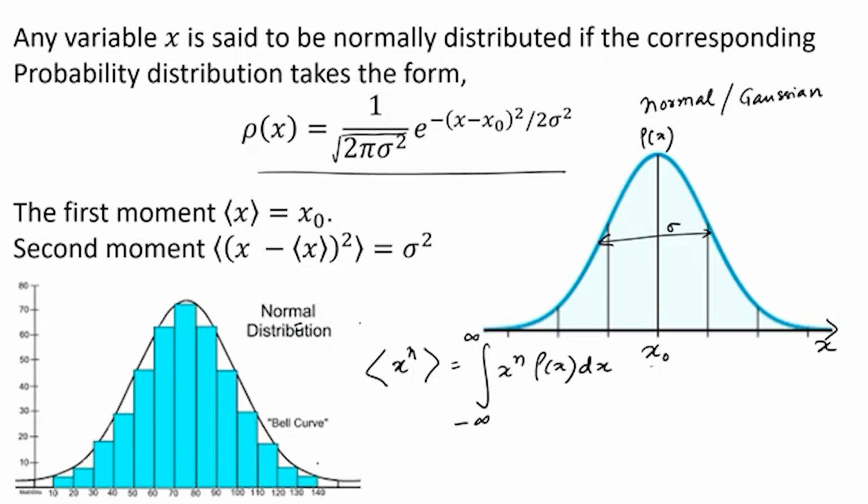And as you see, the number of students doing very well and doing very poorly are very small, and the distribution of the marks obtained by students is basically distributed like this, and there is a variance that we see which is called the full width at half maximum.